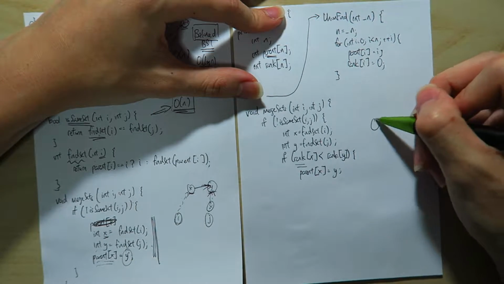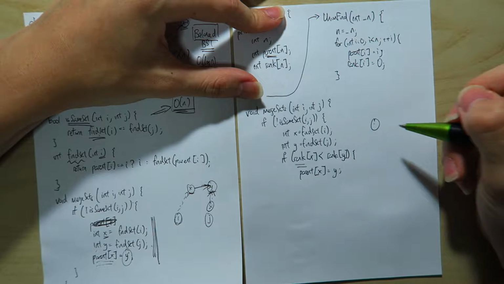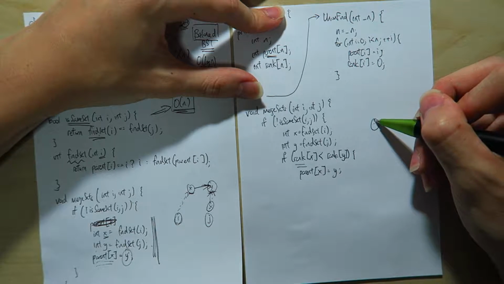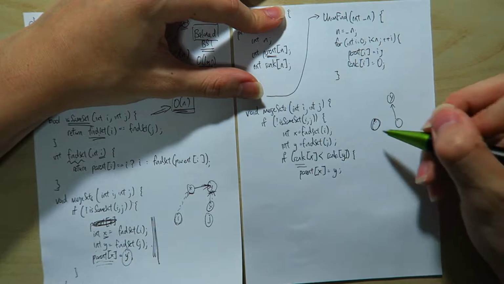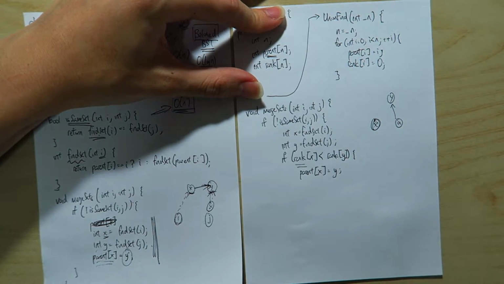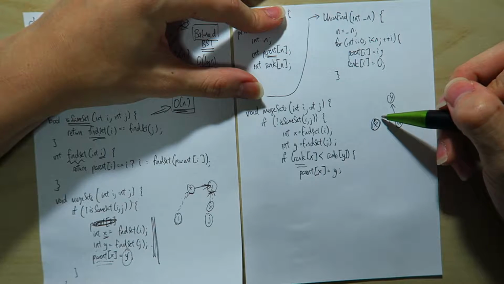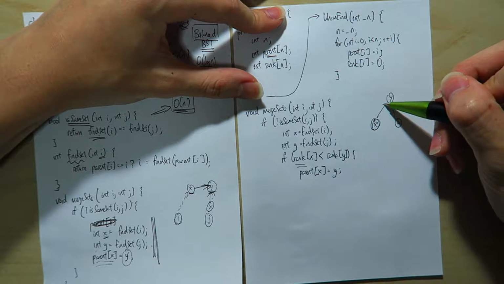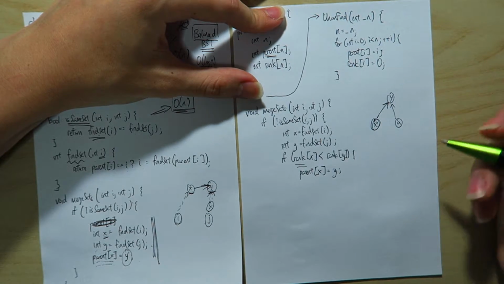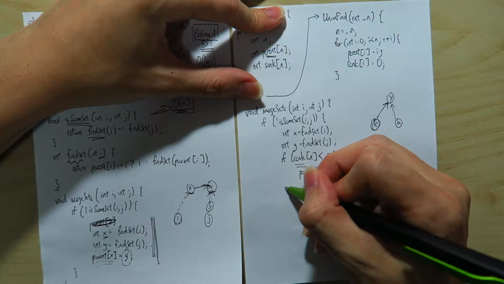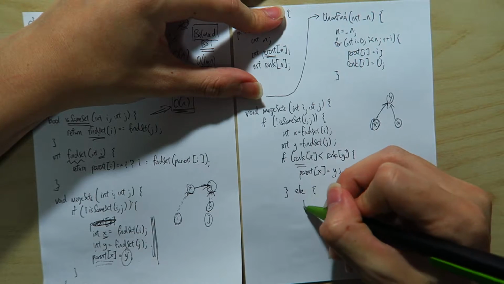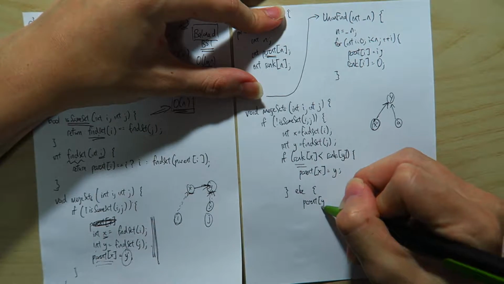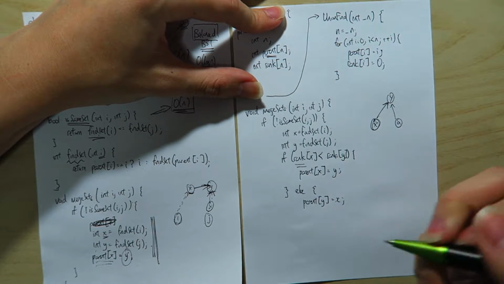For instance, if x is just one element, let's say this has a height of just 0, and this is y, this is x, and this is some element a. In this case, what we really want is for the parent of x to go to y, so it should be this way. And else, we want the parent of y to be equal to x.